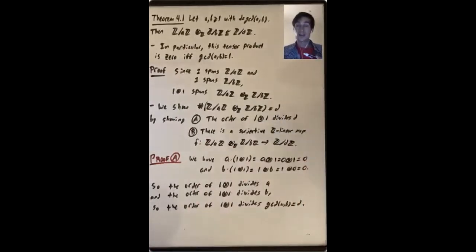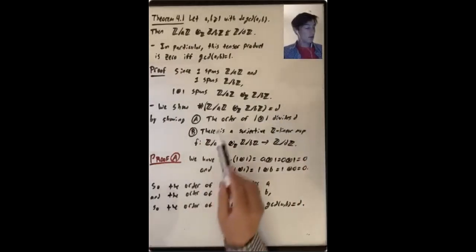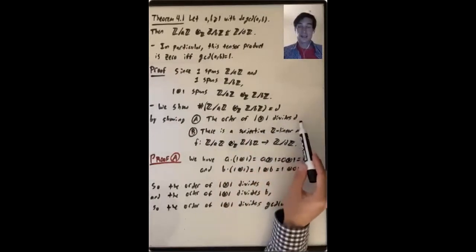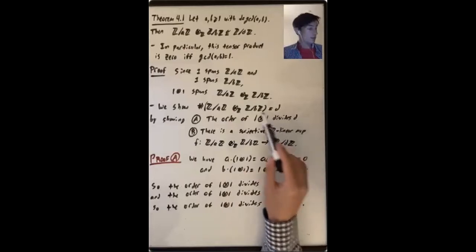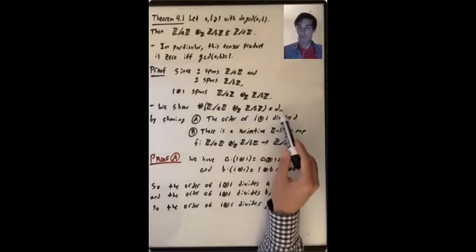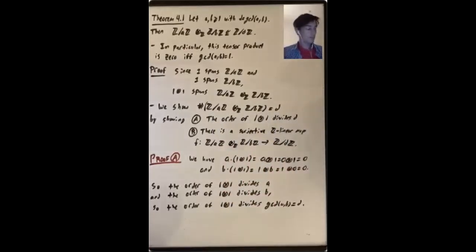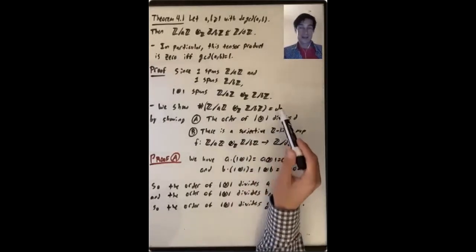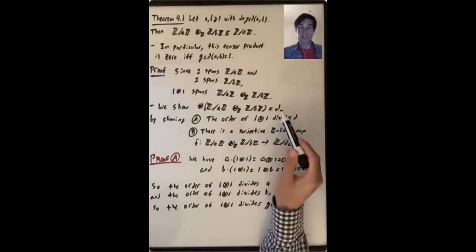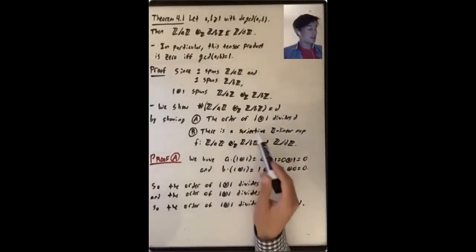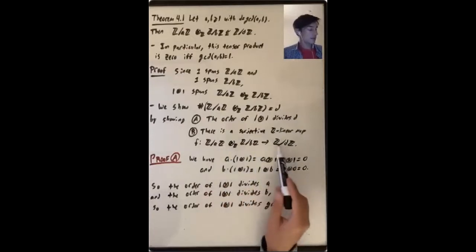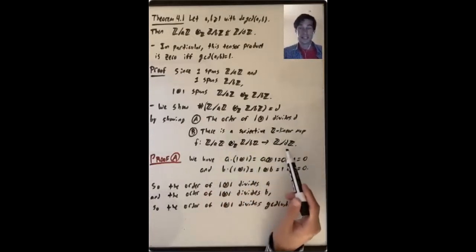We're going to do that in two pieces. First, we're going to show that the order of 1 tensor 1 divides D. This is the easier piece, which is going to say that the size of this thing divides D. Then we're going to show that, in fact, it's equal to D by showing that it's greater than or equal to D, by showing that there is a surjective Z-linear map, F, from this tensor product to Z mod DZ.